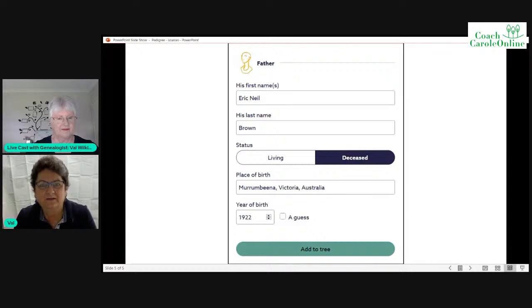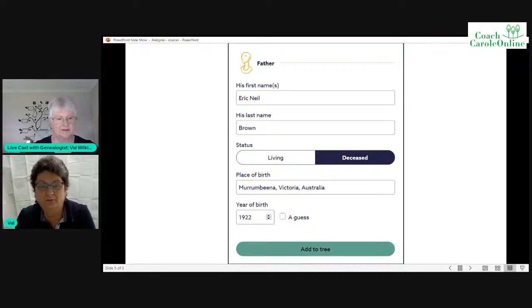I got to my father's name and there's nowhere for me to put in the source of my information. There's nowhere there that says I've got this information off a birth certificate. It just says he's deceased, but I suppose eventually you get to put in what his date of death was.